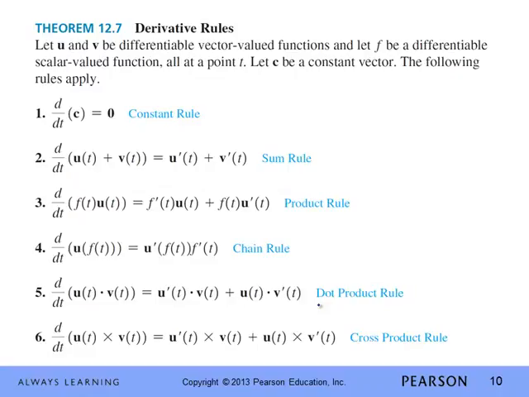The derivative of the product is not the product of the derivatives, but is the derivative of the first function times the second plus the first function times the derivative of the second. But that is if the one function is a scalar function and the second function is a vector function.